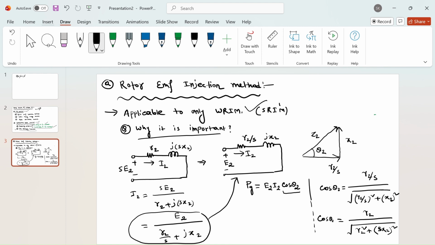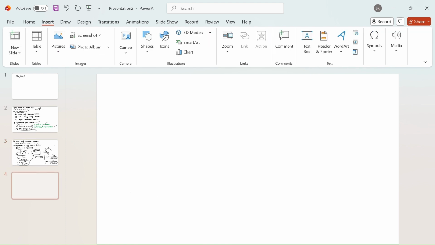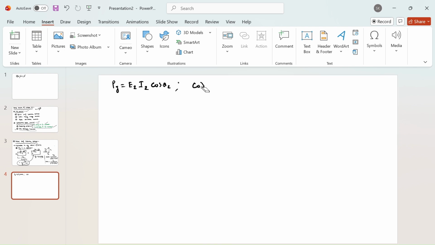Let me add one more slide here. So what are the things that we got? Pg equals E2 I2 cos theta 2, and cos theta 2 equals R2 upon the square root of R2 square plus (SX2) square. Sorry, it will not be j, I'm just interested in magnitude.